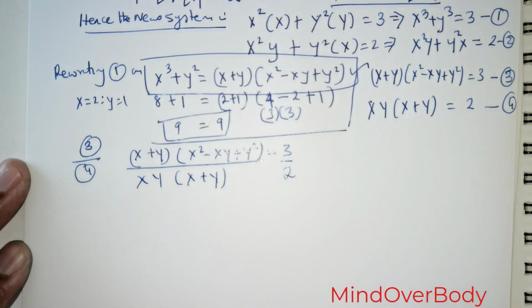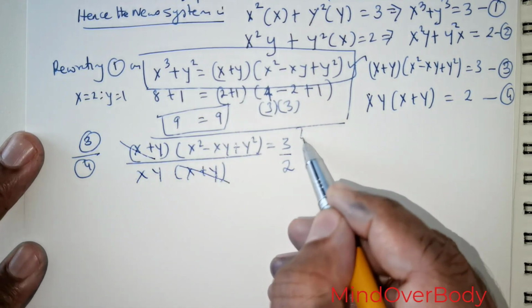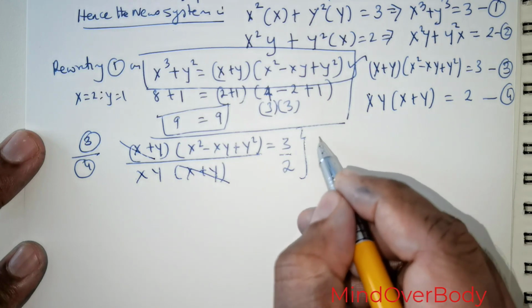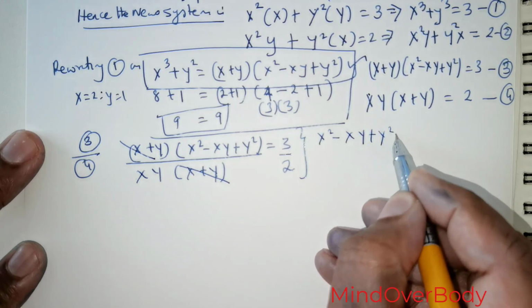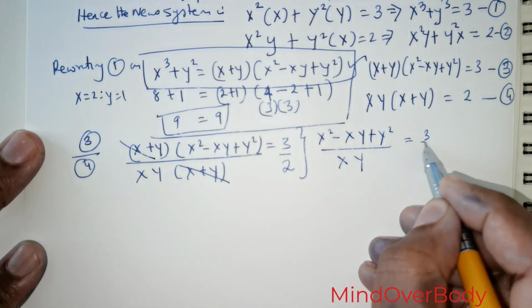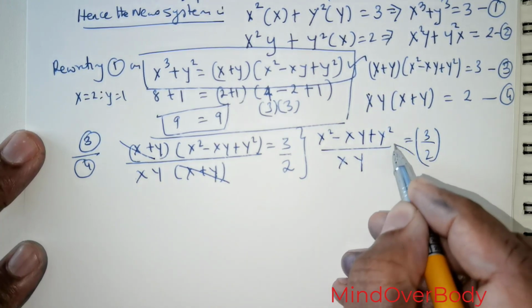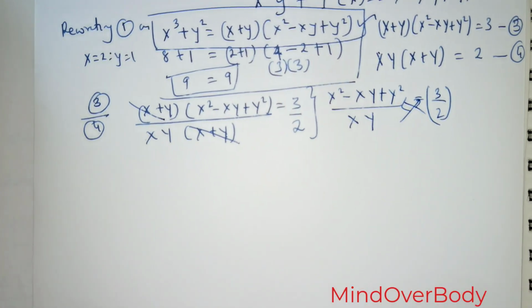This is what we are getting, right? So x plus y gets cancelled, and I can rewrite this as x squared minus x into y plus y squared, divided by xy, is equal to 3 over 2. Now I can cross multiply.